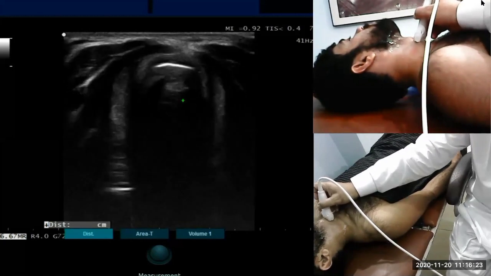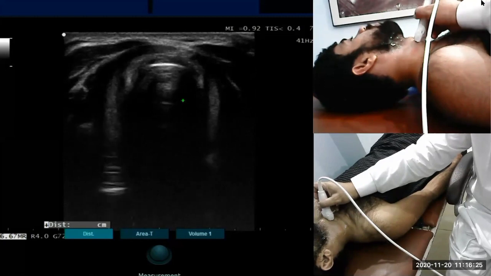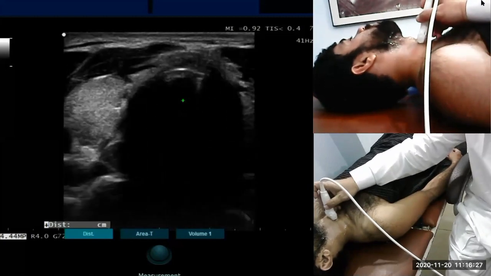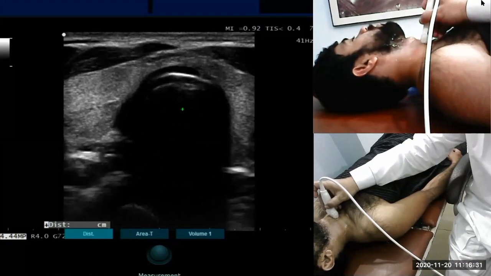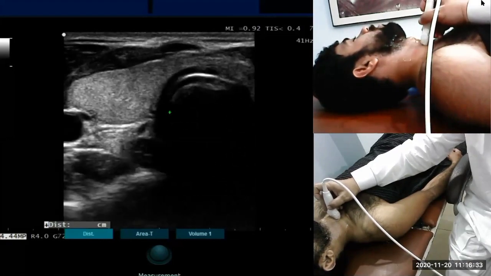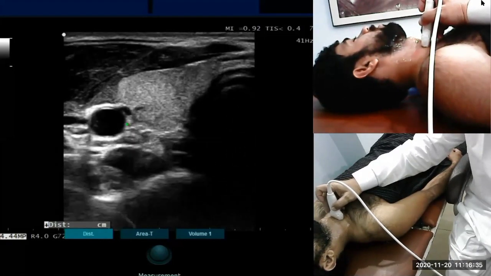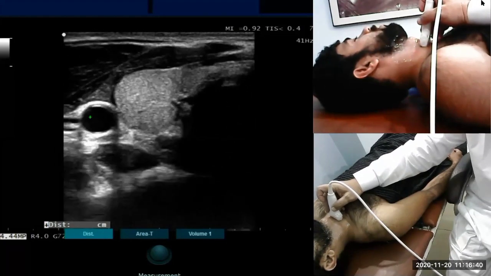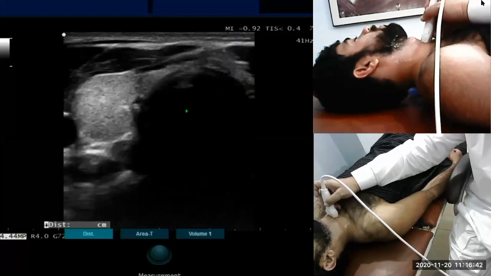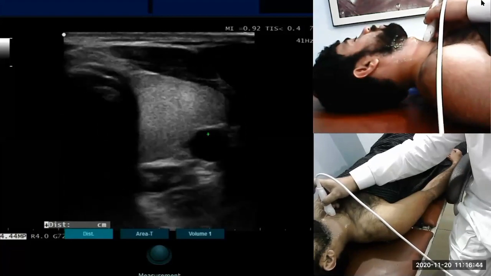This is the trachea in the midline. This black is the trachea. The right common carotid artery is here. The left common carotid artery is here.